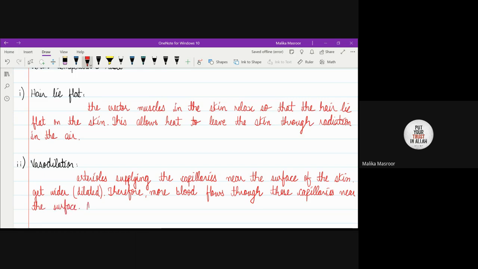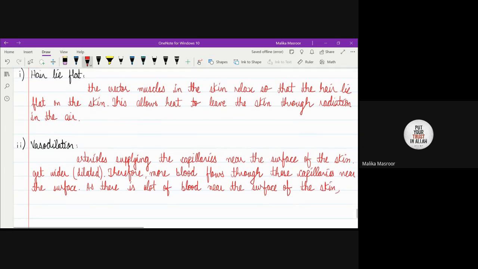As there's a lot of blood near the surface of the skin, heat is readily lost from the blood into the air.